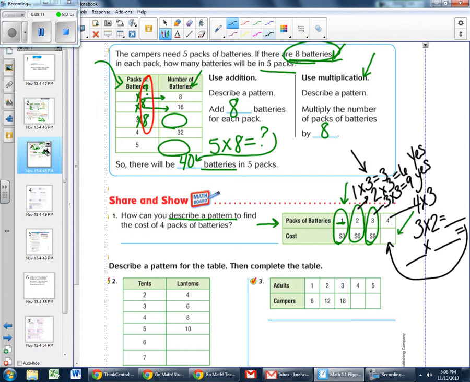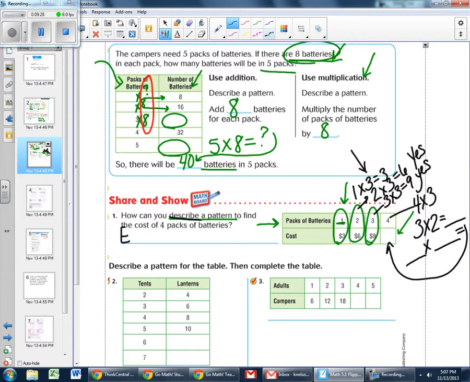Make sure that you're writing all of this in your book so that when we come back to it later, you'll understand how we got to that solution. That is part of the describe a pattern. So to describe your pattern, I know that each pack costs $3.